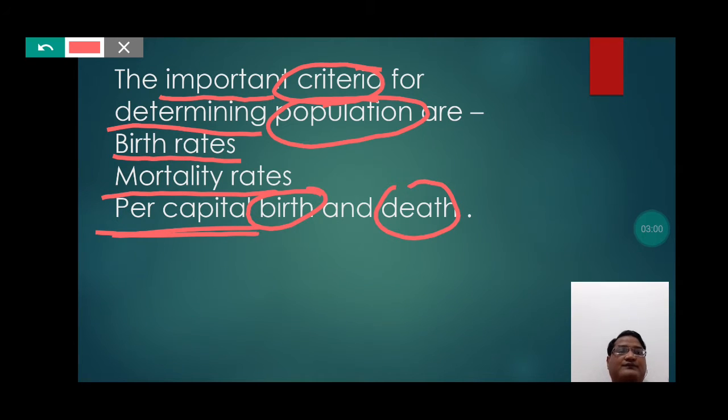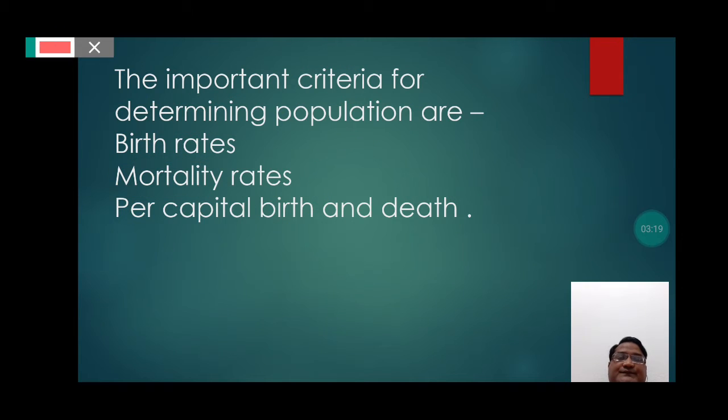So students, the increase or the decrease of the population, or the fluctuation of the population, will basically depend upon the birth rate, the mortality rate, and the per capita birth and death.